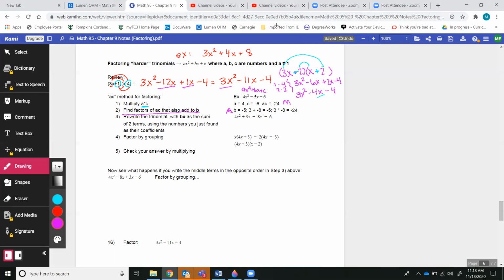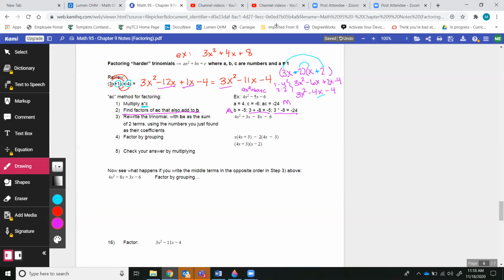So I could put out all my list of factors of -24. They want to add up to a negative, so I know I need to have more negatives. Once I do that, I find that 3 and -8 are my two numbers. So 3 plus -8 equals -5. 3 times -8 equals -24. That's the magic set of numbers that's going to help me in this case.